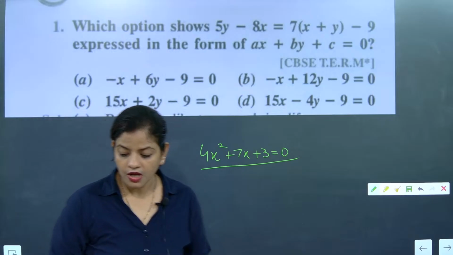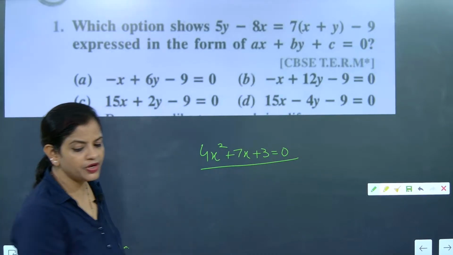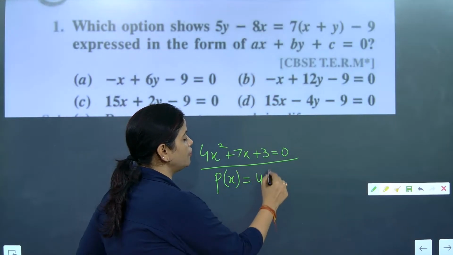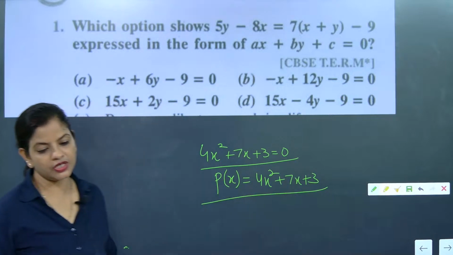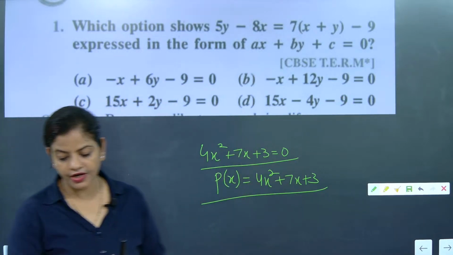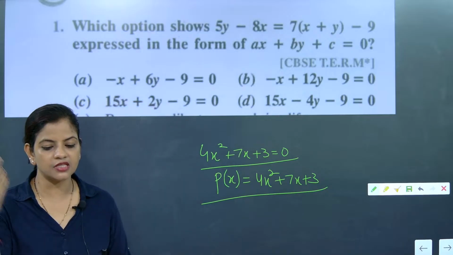Did you understand? So what is the difference between an equation and an expression? P of x is equal to 4x square plus 7x plus 3 is an expression. When the same expression becomes equal to 0, it gets converted into an equation. So that's the basic difference.